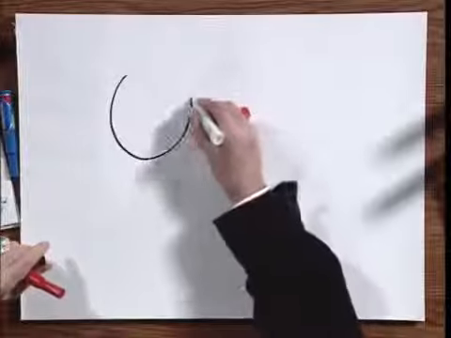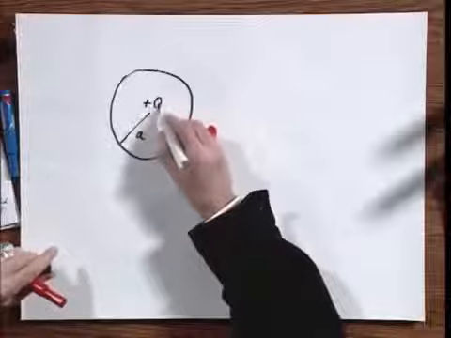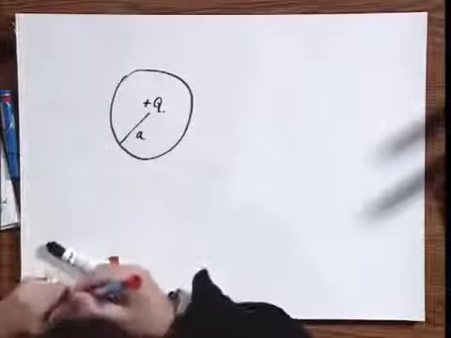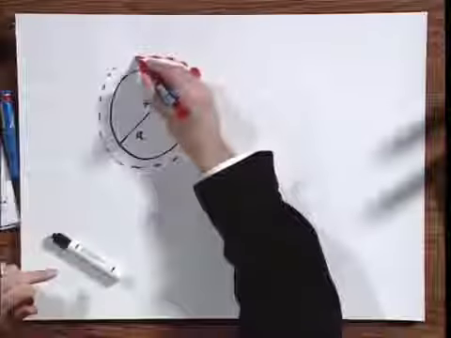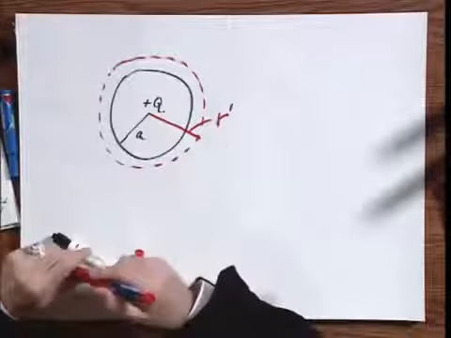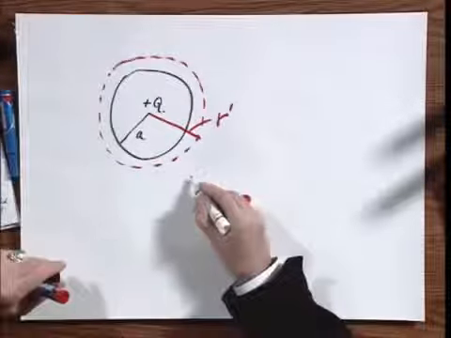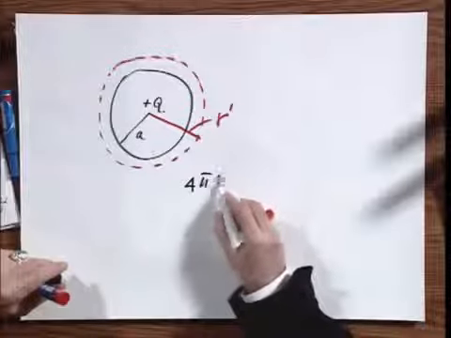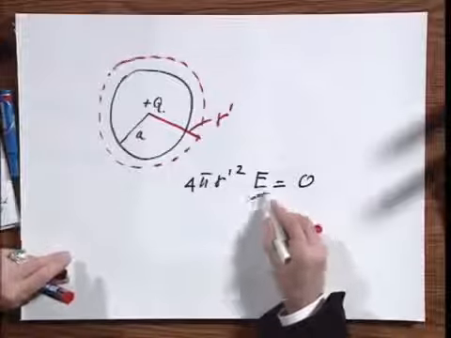Now we are being asked about the induced charges. If I have here the inner cavity, radius A, and charge plus Q here, then I know that the electric field anywhere here in the metal is 0. So if I take some Gaussian surface R prime, which is slightly larger than A, and I apply Gauss's law, then I find that 4 pi R prime squared times E must be 0, because E is 0.